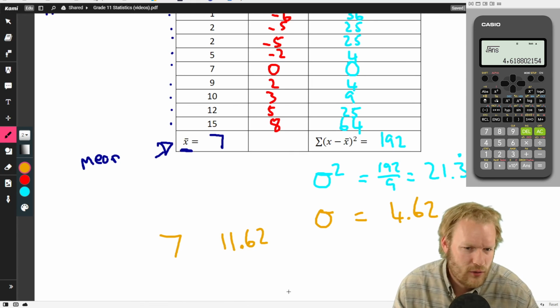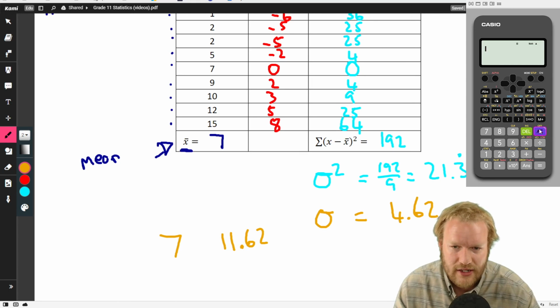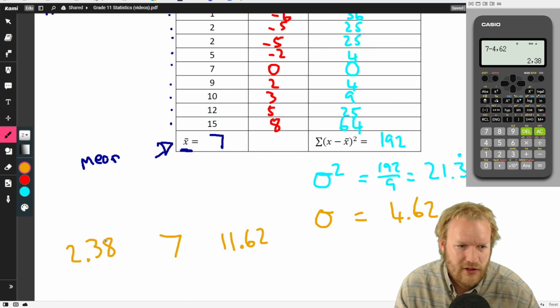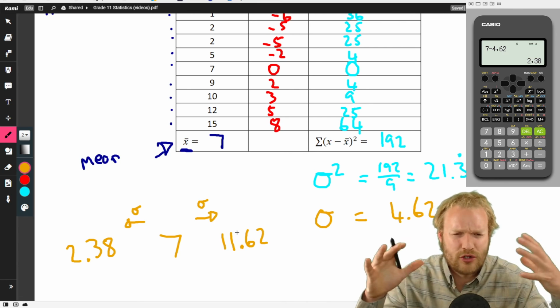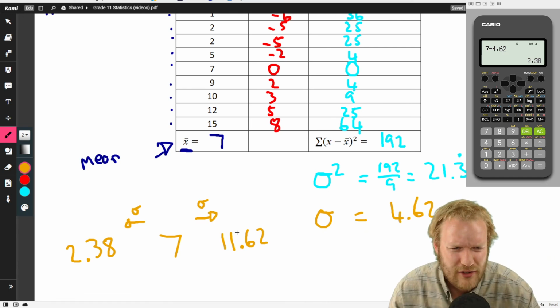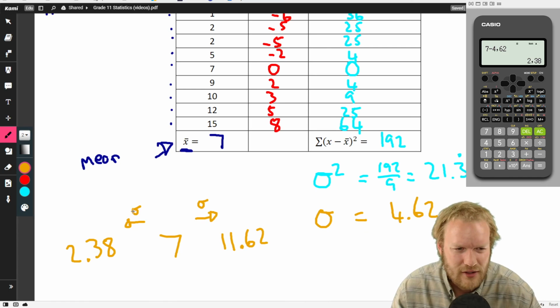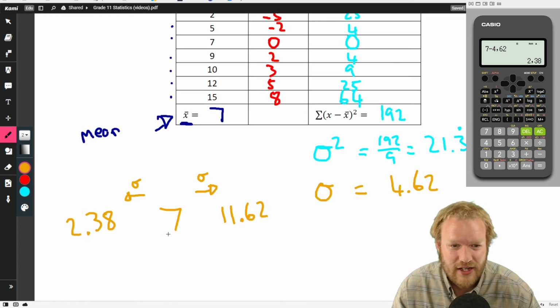And if we go the other way, let's check it out: 7 minus 4.62 is 2.38. So if we go out by 1 standard deviation each side, just like we're looking at the quartiles and asking whether you are within the interquartile range, but now looking at it from the mean, that's 1 standard deviation out.